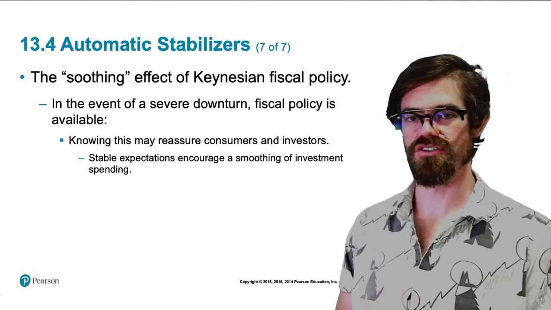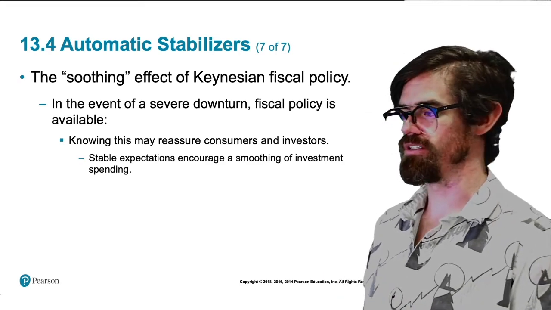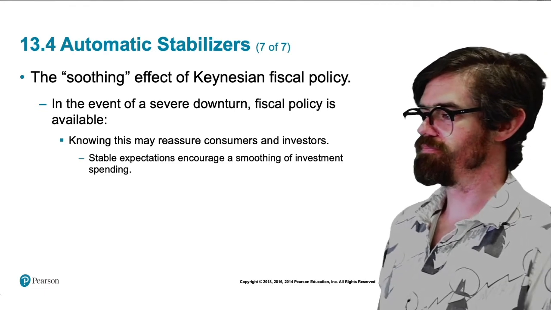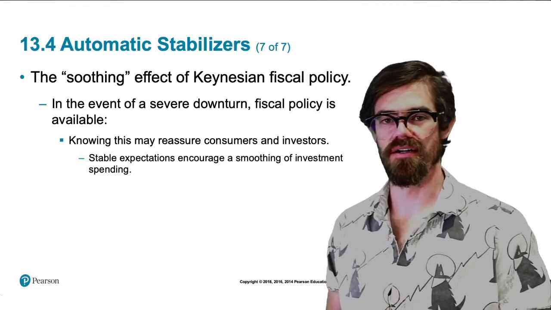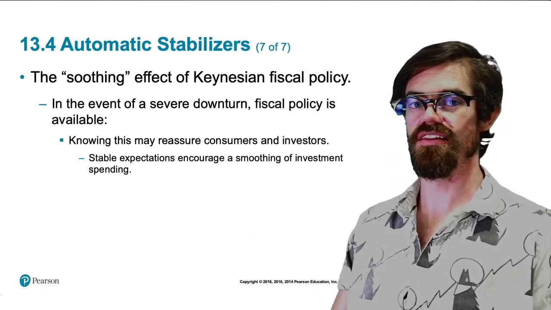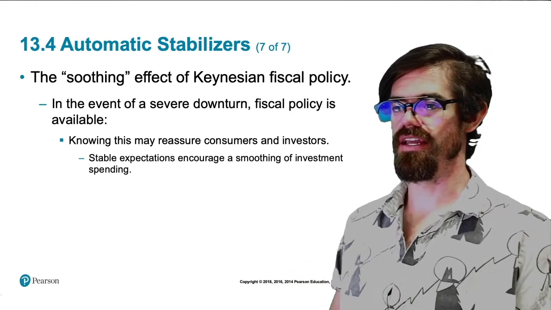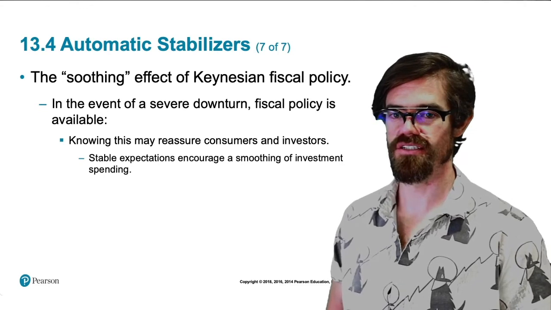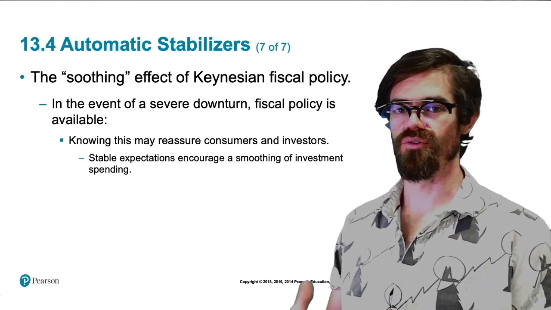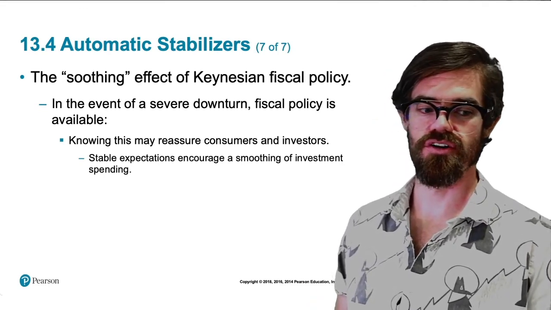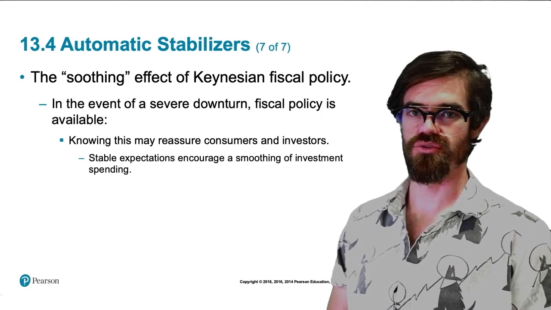That's what the central bank does, is monetary policy. And so there's sort of this soothing effect, right? Consumers and investors see that the government is taking very strong actions, alleviating any panic or stress that might otherwise cause us to go further into a recession or a Great Depression.